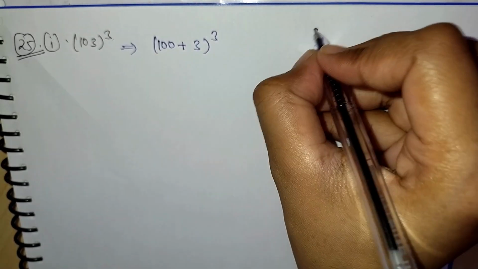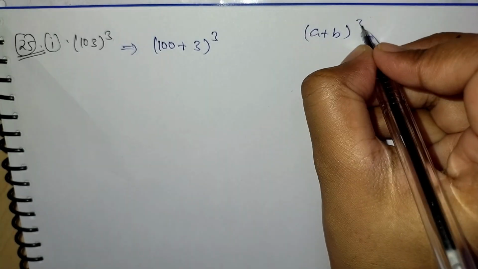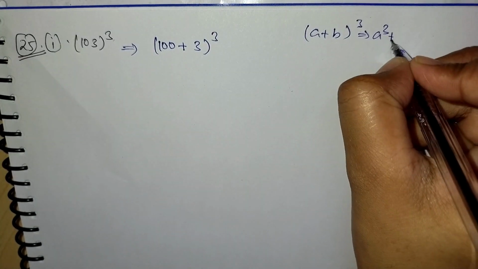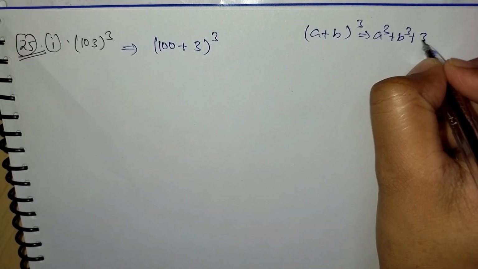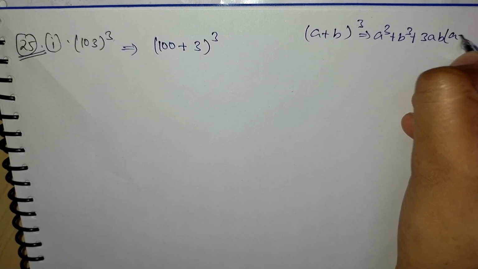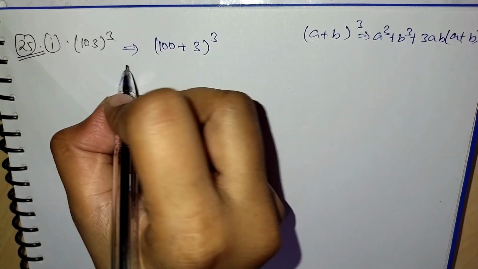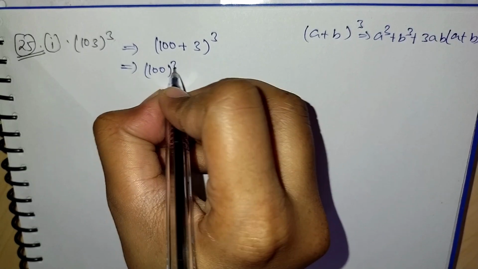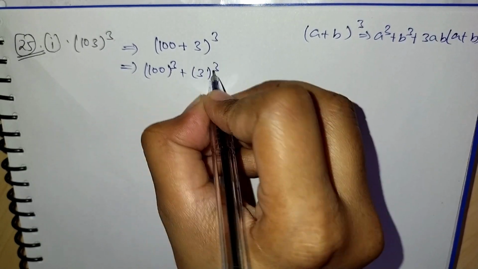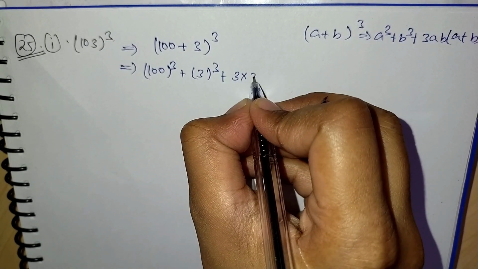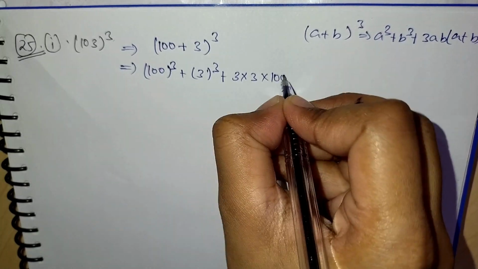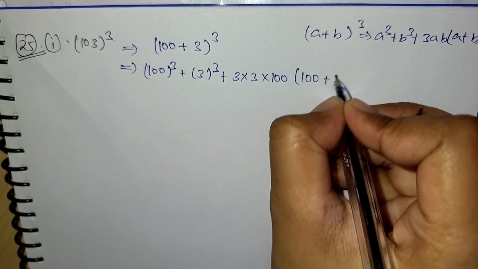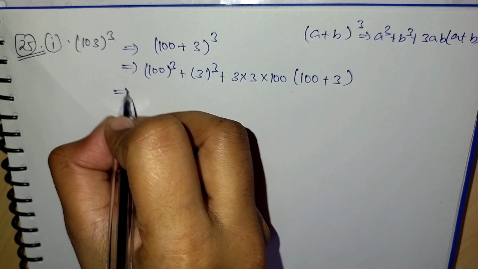Here the formula of (a plus b) whole cube is equal to a cube plus b cube plus 3ab into (a plus b). So let us find it by using the formula: 100 whole cube plus 3 whole cube plus 3 into 3 into 100, into (100 plus 3).